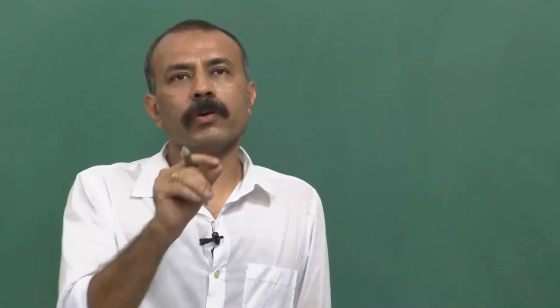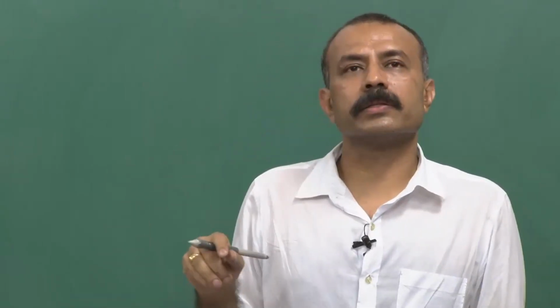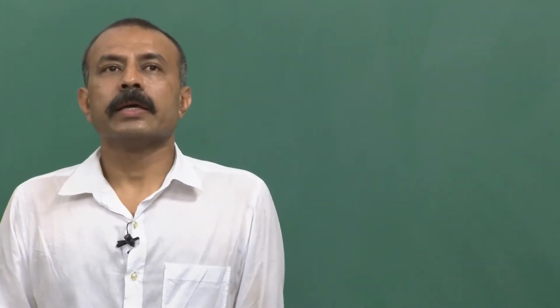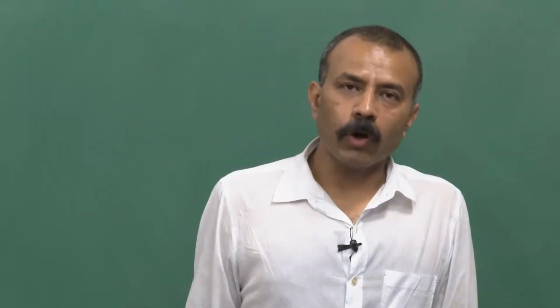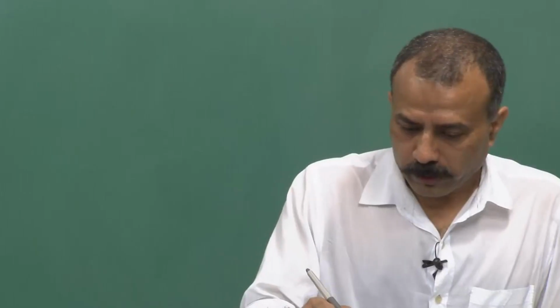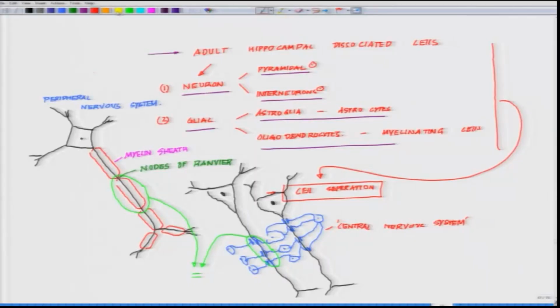Similarly, when the neurons are carrying those current impulses, they may influence the surrounding neuron by its side. So, in order for them not to influence the surrounding neuron, such that the signal fidelity remains intact and it travels through, these cells have an insulated covering, and that insulation is called myelin sheath.